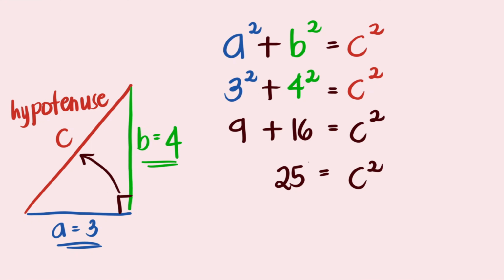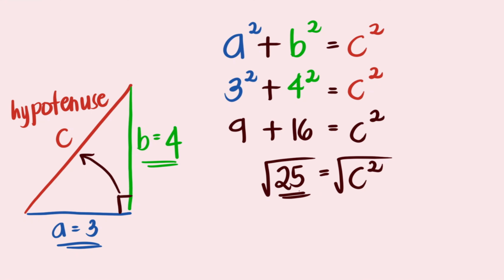What you want to do next is to take the square root of both sides. The square root of 25 equals the square root of C squared. Remember that 5 times 5 is equal to 25.